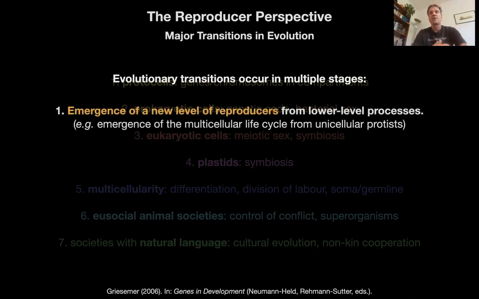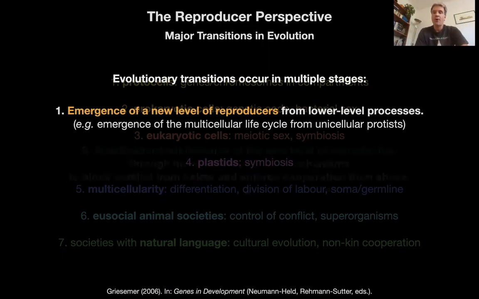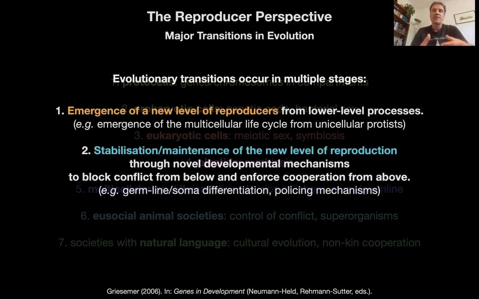For example, if we take the evolution of multicellularity, it would be the emergence of the multicellular life cycle from unicellular, independently reproducing protists. The cells are now reproducing as part of a multicellular life cycle and its own higher level propagules, such as germ cells.